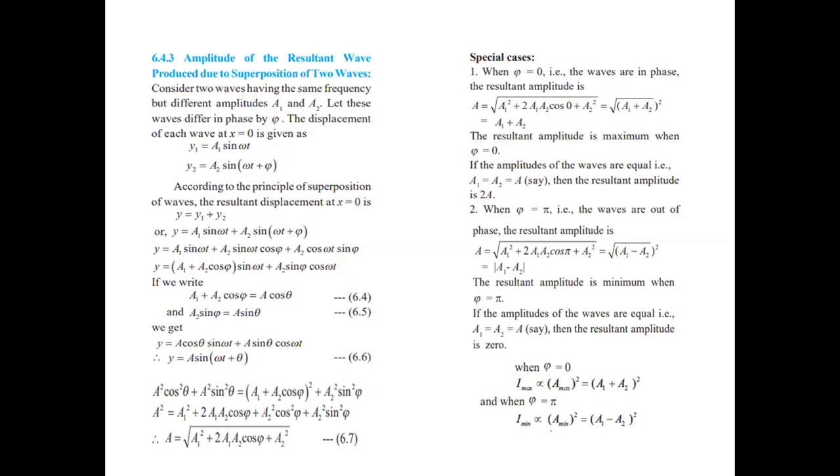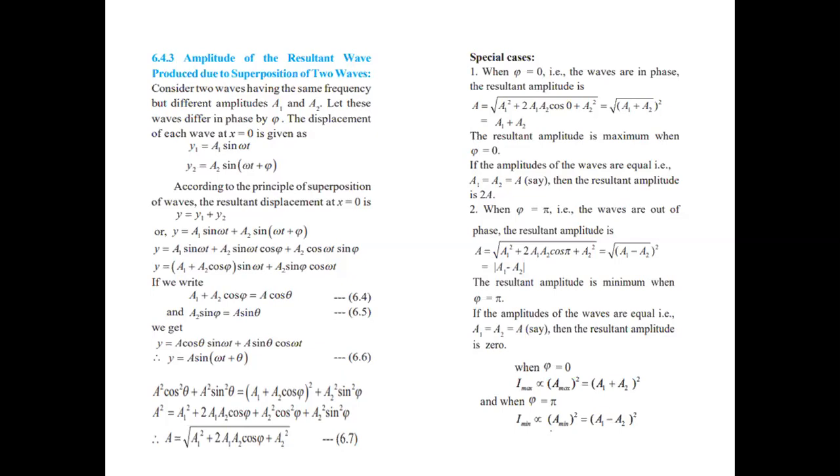The displacement of each wave at x equal to 0 is written as y1 equal to A1 sin omega t and y2 equal to A2 sin of omega t plus phi. According to the principle of superposition, the resultant displacement at x equal to 0 can be written as y equal to y1 plus y2.